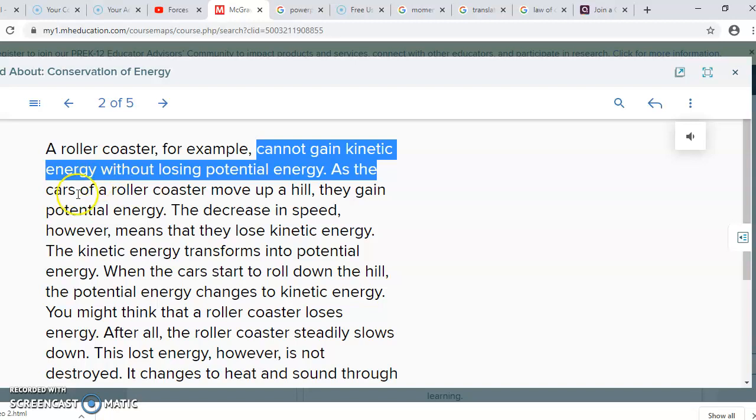But what happened? They gain potential energy at the top of the roller coaster and it decreases in speed. But the total of this energy is the same at each point. This is called the law of conservation of energy. The total stays the same, but the energy changes from one type to another.